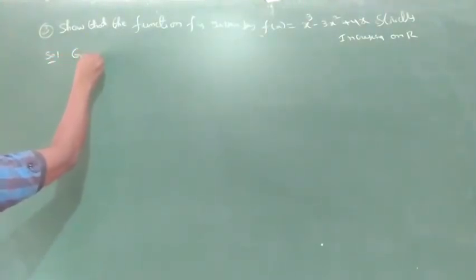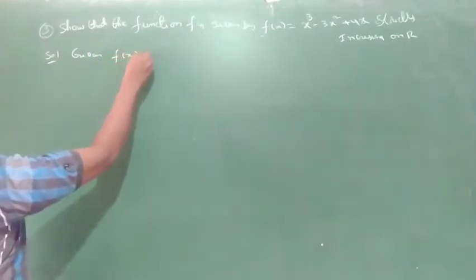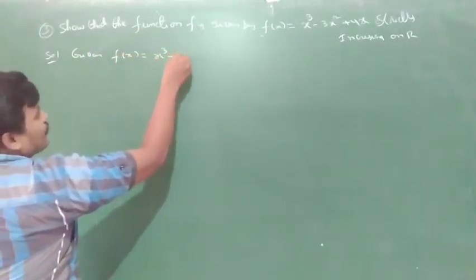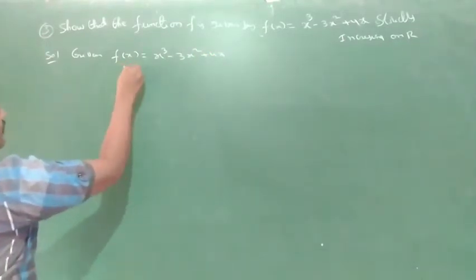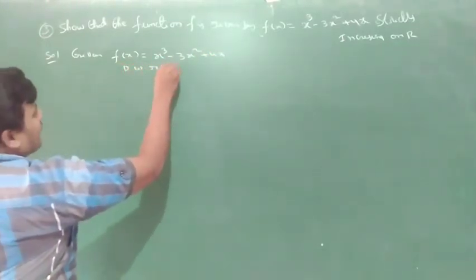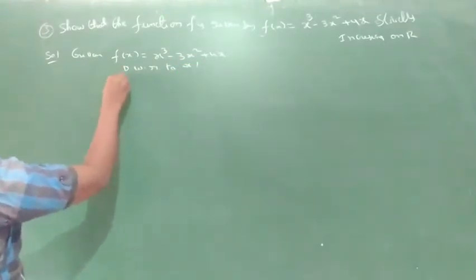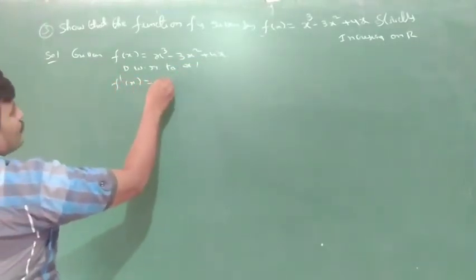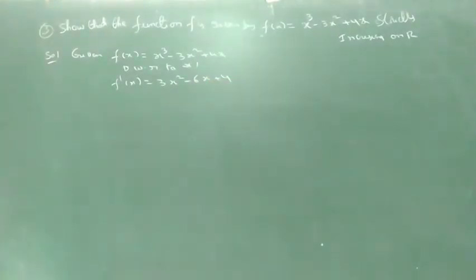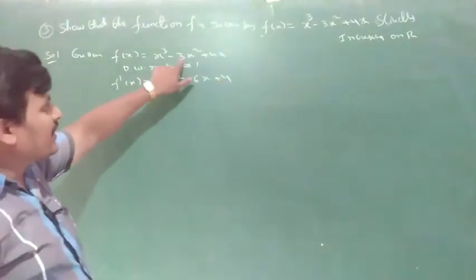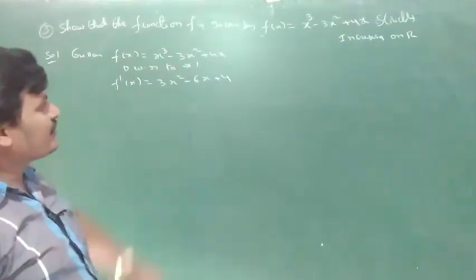Given f of x is equal to x cube minus 3x square plus 4x, differentiate with respect to x. f dash of x is equal to 3x square minus 6x plus 4. The derivative of x cube is 3x square, and of 3x square is 3 into 2x.